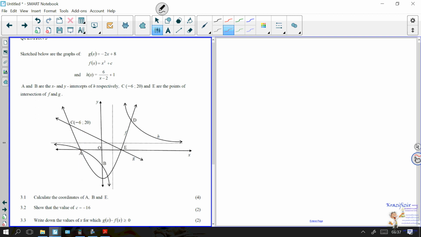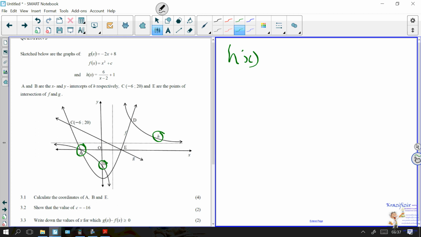First question says, calculate the coordinates of A and B. Let's check this quickly. Where are A and B? Here are A and B. And which graph is this? This is actually h of x. So h of x is equal to 6 over x minus 2 plus 1. How do I get my A?